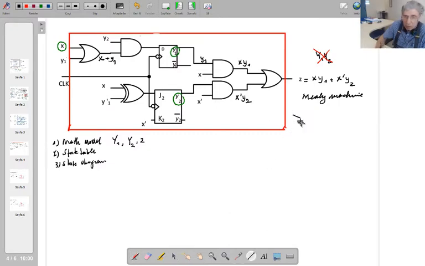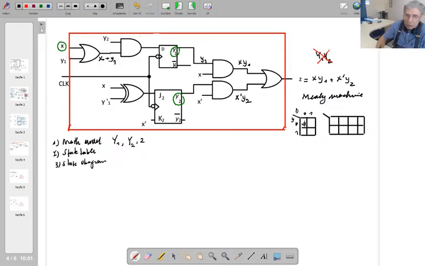Let me draw it here. The JK memory element definition relation. And the D flip-flop: for D, small y, 0 1.